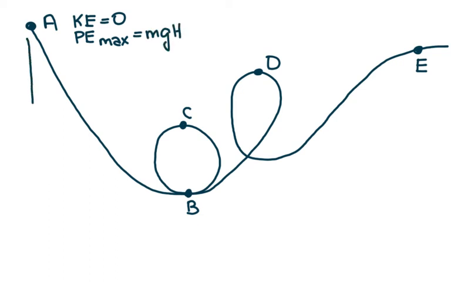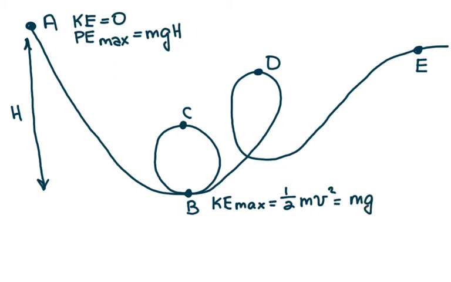So we're going to call this height h. Then kinetic energy maximum is going to be equal to here, which is 1/2 mv at point B squared, and equals mgh, because all that potential energy will go into the kinetic energy.